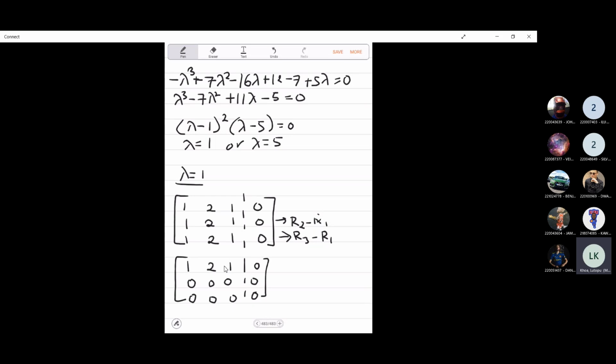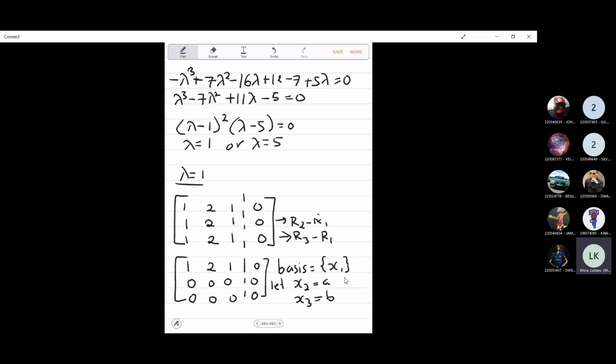So I have these column matrices, so my basis can be any one of them, and it doesn't matter which one you pick. So I like to pick the first one. So the basis is x1, and then we let x2 equal to a, and then x3 equal to b.